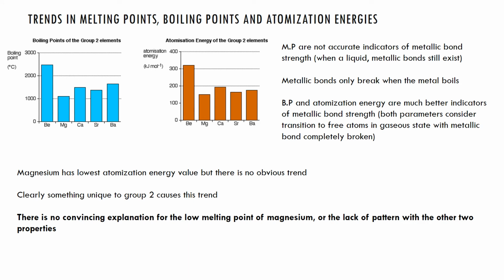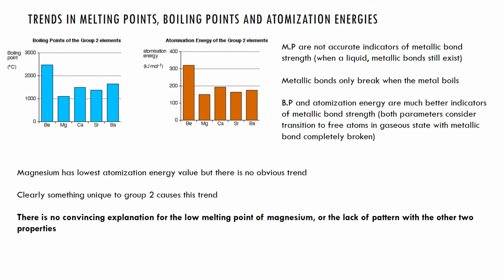Now, melting points are inherently quite inaccurate indicators of the strength of a metallic bond. And really, because the material is still in the liquid state, metallic bonds still exist. Those metallic bonds, of course, only break when the metal boils and becomes a gas.